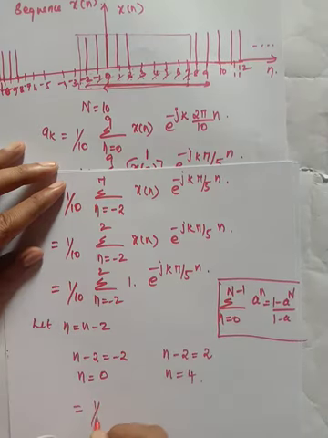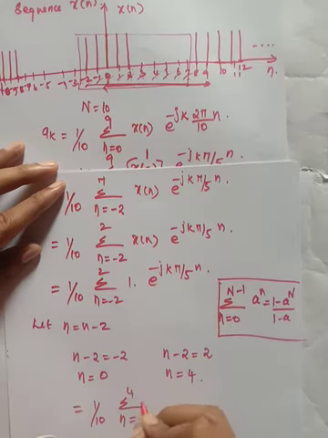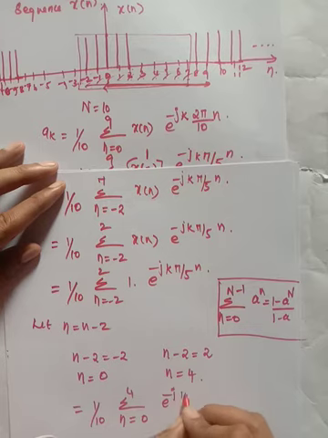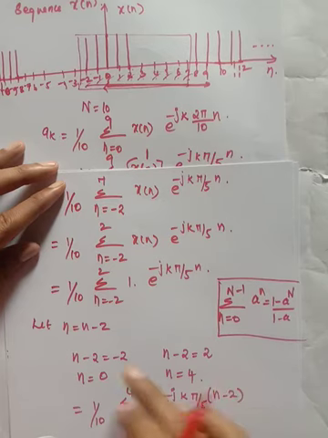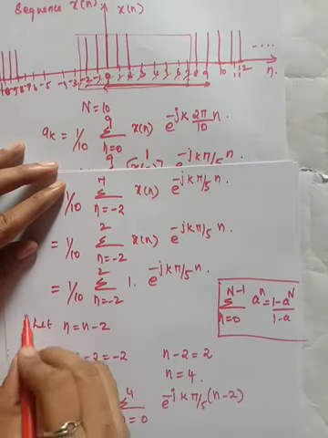So now this summation will turn into m = 0 to 4, e^(-jkπ/5) where wherever I am having n, I am going to substitute m - 2. That is the meaning of this.